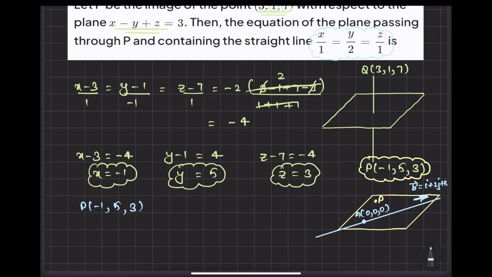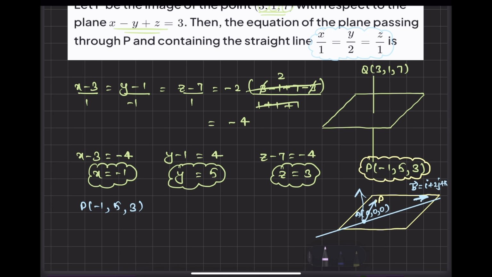The AP vector is also in the plane, and if you do the cross product, don't you think you will get a perpendicular vector to the plane containing the AP vector and the B vector? So whenever there is a requirement of finding a perpendicular vector to the plane containing vectors A and B, you should always go with the cross product. I hope you remember this.